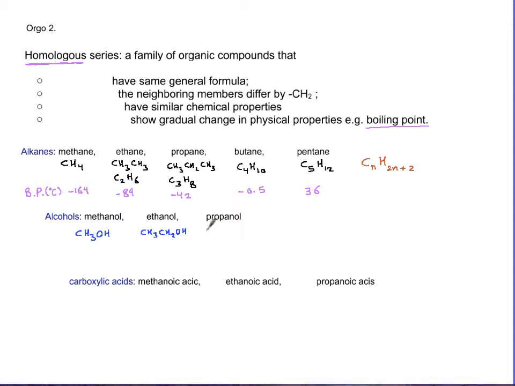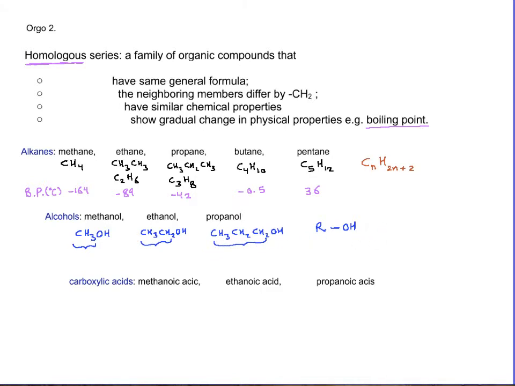And the third member is propanol, which is three carbons, CH3CH2CH2OH. For the general formula, I can put R, which is a radical or an alkyl group. R can be methyl, ethyl, or propyl, followed by OH. So they have the same general formula and similar chemical properties.